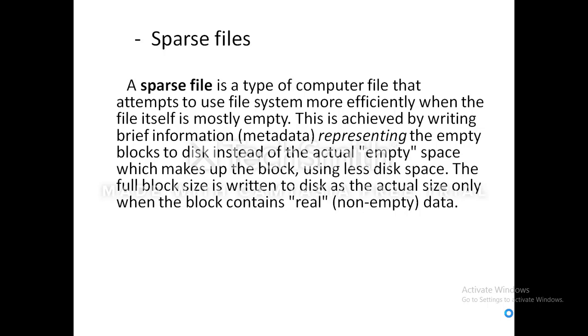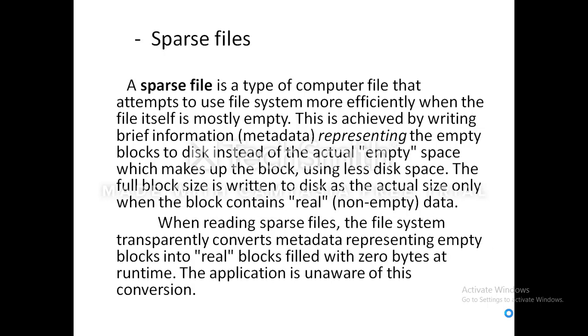The full block size is written to disk as the actual size only when the block contains real, non-empty data. When reading sparse files, the file system transparently converts metadata representing empty blocks into real blocks filled with 0 bytes at runtime. The application is unaware of this conversion, so this is also supported by UDF file systems.